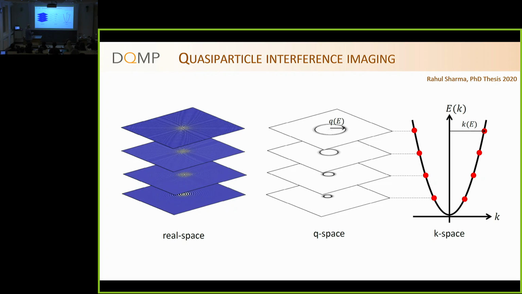And you can now do this in a much more sophisticated way. This is an example of images that you take in real space, around the defect. You have these standing waves at different energies. Then you take the Fourier transform of these structures, which gives you information in momentum space, and you can plot these K values as a function of energy.